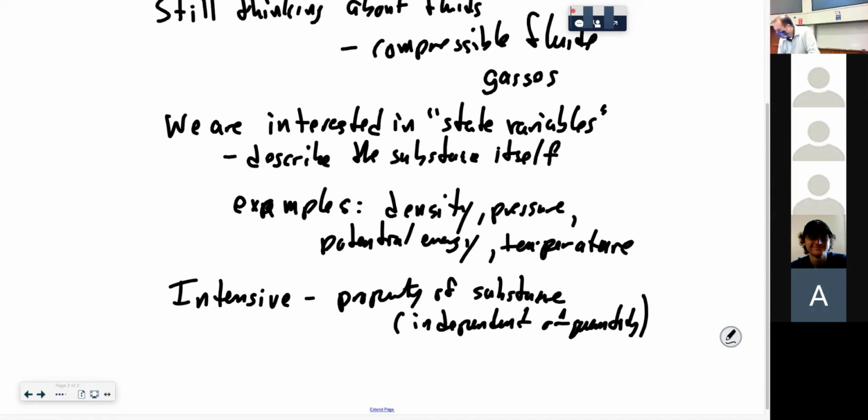So temperature, density, pressure, basically the variables that we were interested in our fluids discussion, plus temperature.